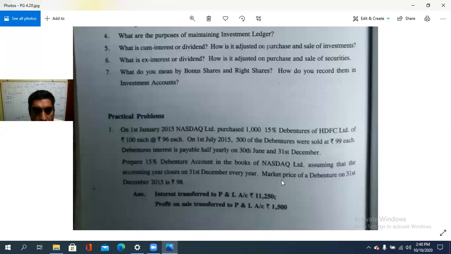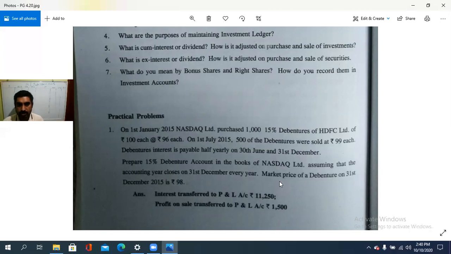We will do one more problem with this. This is the one. On 1st January 2015, NASDAQ Limited purchased 1,000 15% debentures of HDFC Limited of 100 each at rupees 96 each.